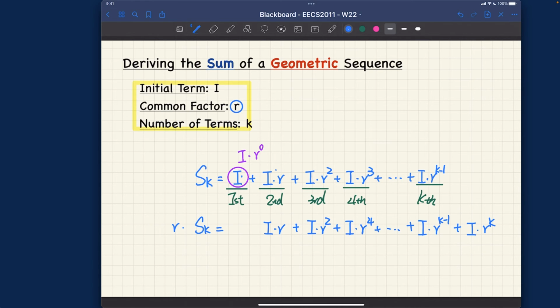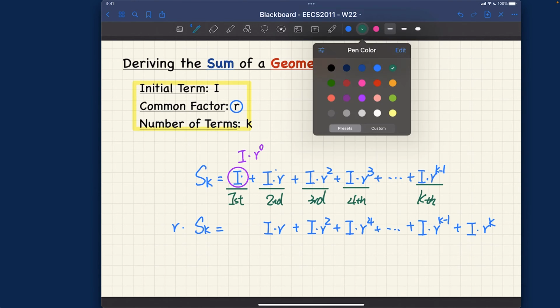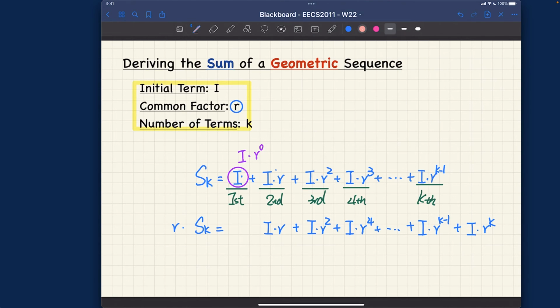Let me just draw very quickly the correspondence just in case you still cannot see it. You can think about this over here multiplied by r, this part over here multiplied by r, and this one here multiplied by r, and etc. And the second last term over here multiplied by r, this one over here multiplied by r.